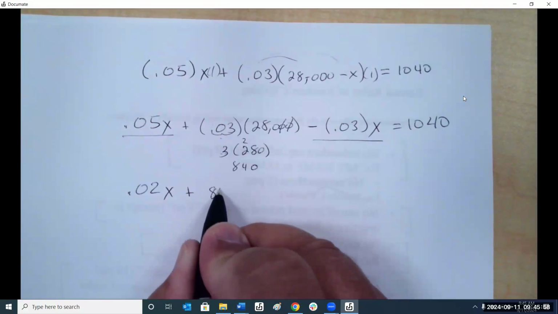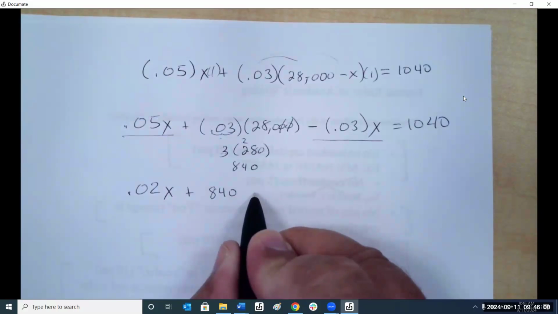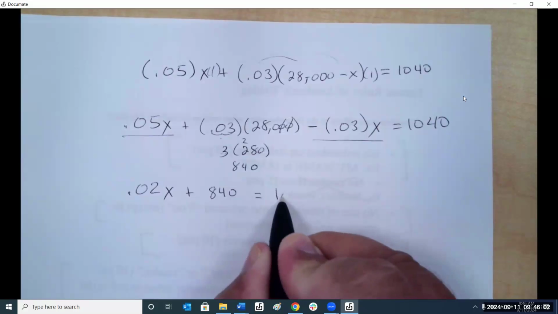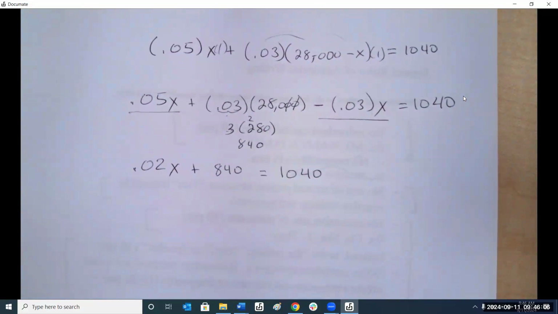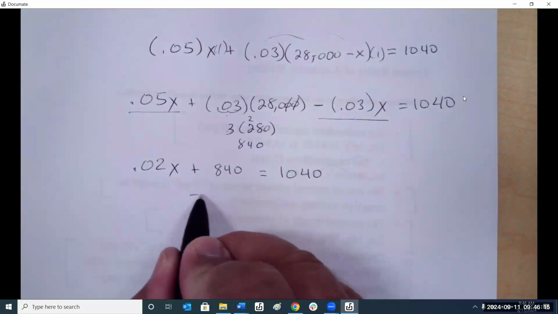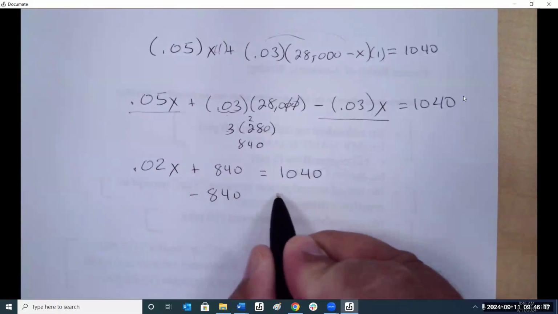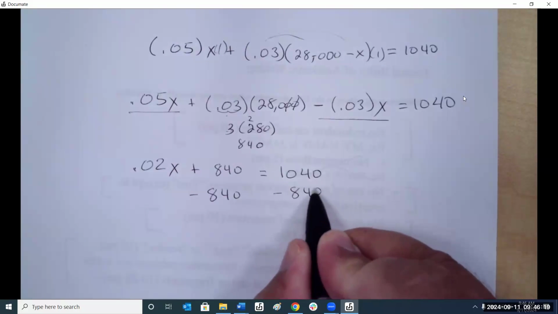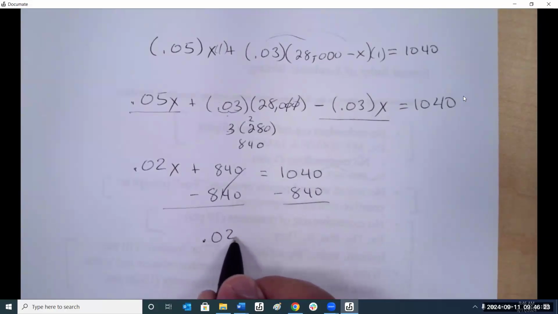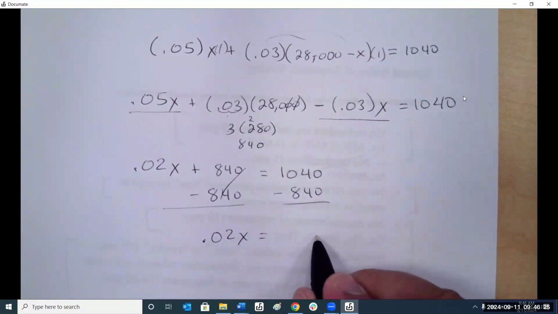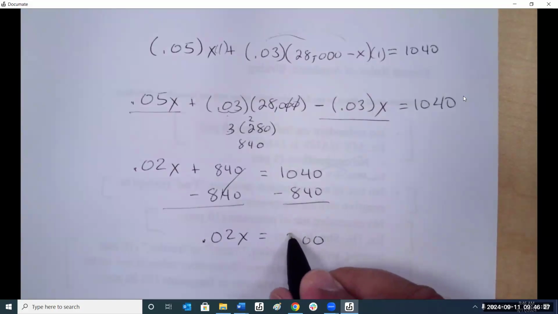So it's 840 equals 1040. Subtract 840 from both sides. We have 0.02x equals 200.